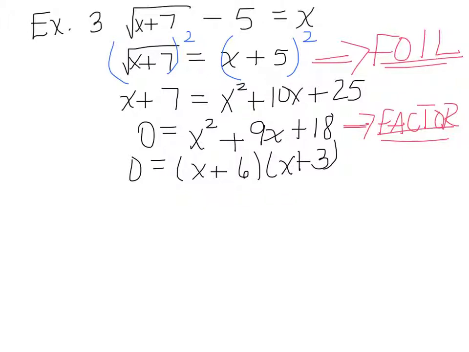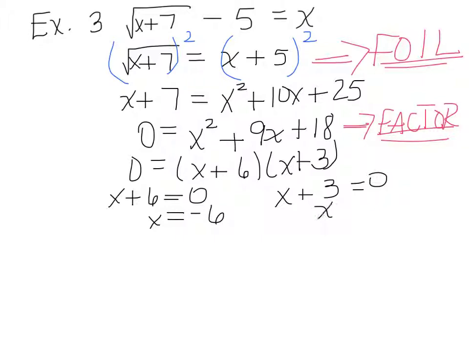Then use the zero product property so you can solve for x. So x could equal -6 or x could equal -3.